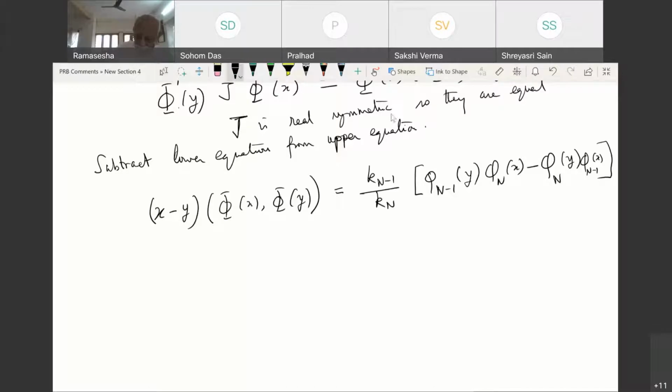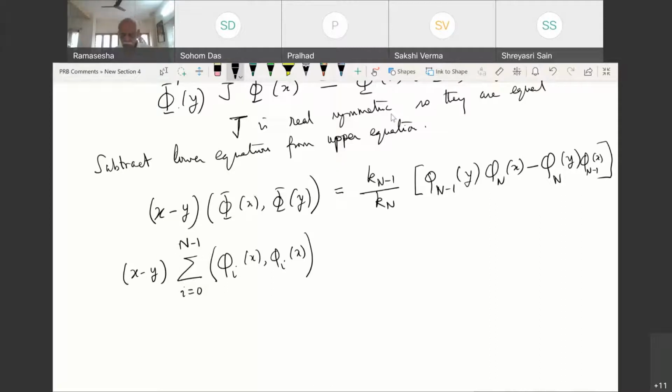This is x minus y times sigma over i equal to 0 to k minus 1 of phi_i(x) phi_i(y). So px comma phi y.